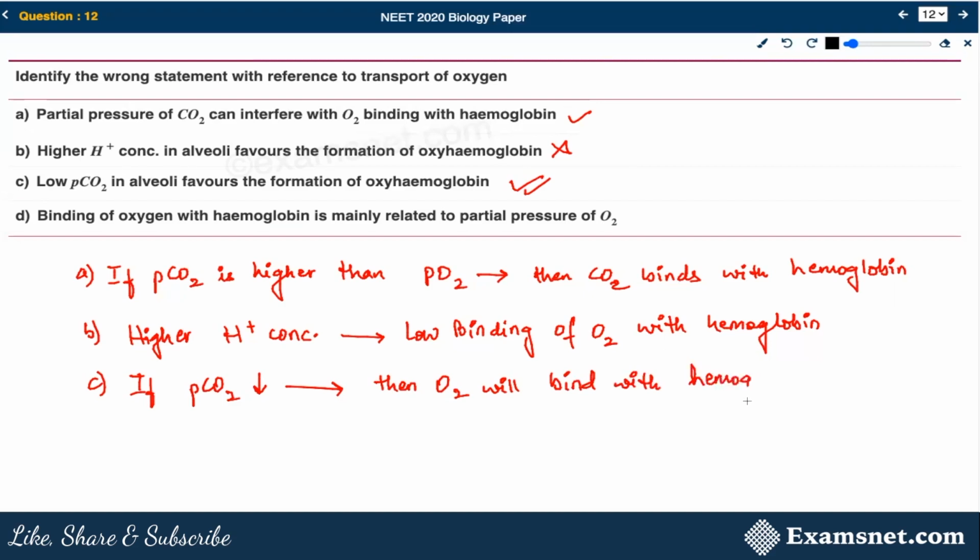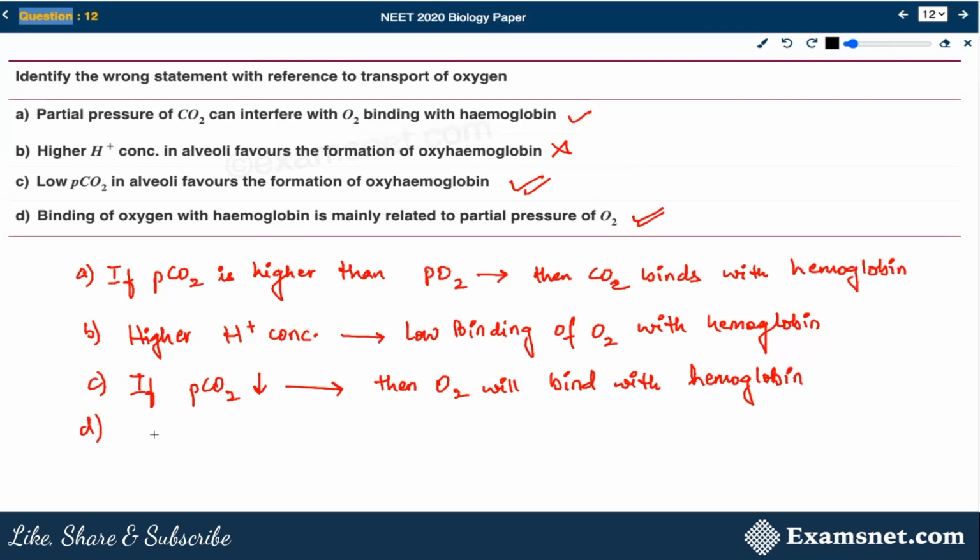So this is also a correct option. And option D says that binding of oxygen with hemoglobin is mainly related to the partial pressure of oxygen. Yes, this is also a correct statement.